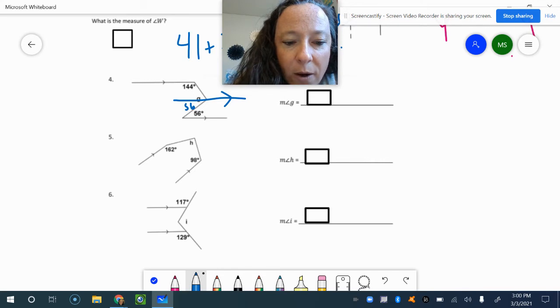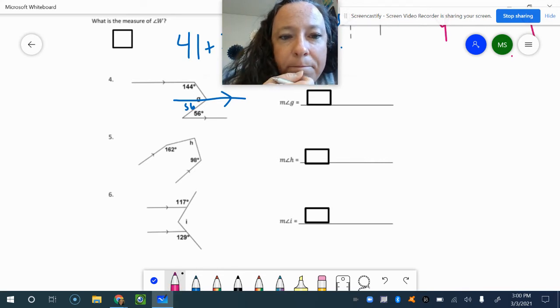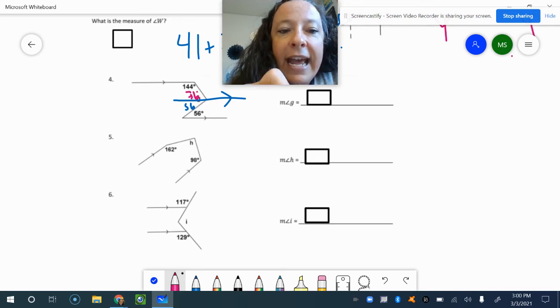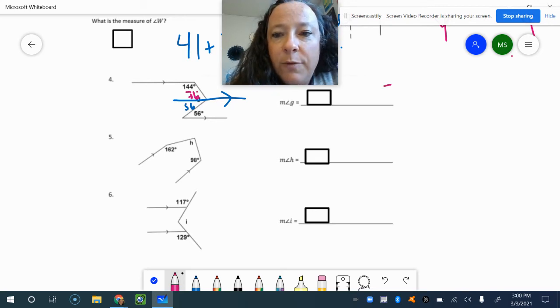And then this right here would be 180 minus 144, which would be 36, because those are consecutive interiors. So that little part would be 36. And then to get the measure of angle G, you would do 36 plus 56.